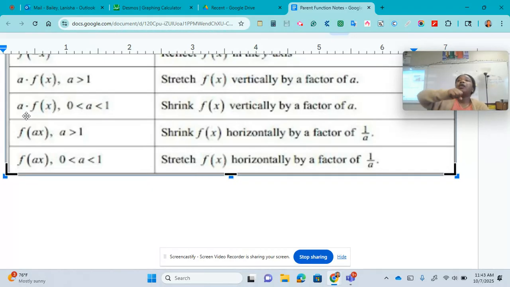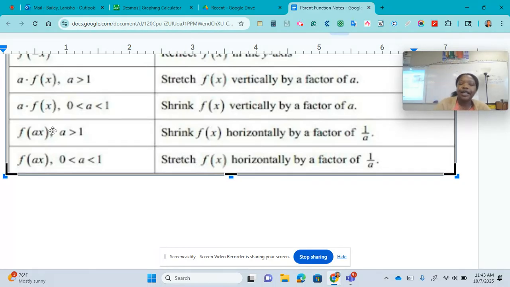And the y goes in what direction? Up and down. So if it is in front of the y and that value is greater than 1, then that y value is stretched vertically. Now, if it is between 0 and 1, like a fraction, then it is compressed vertically.